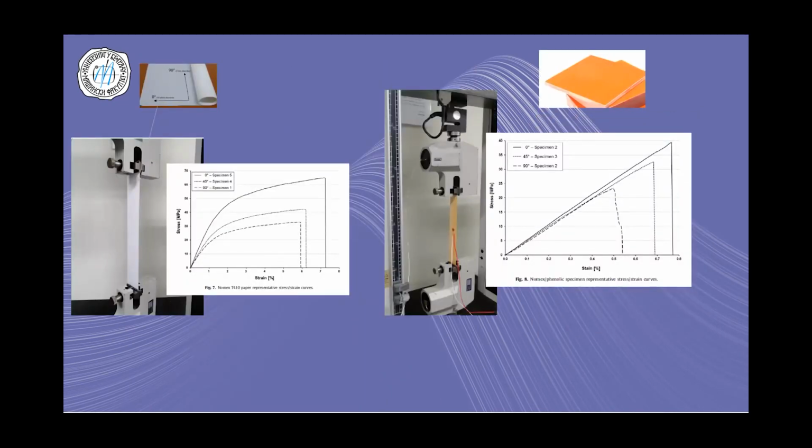The key is here. Just recently in literature, these results appeared by Roy et al. What they did in lab conditions, first they took the paper itself and tested it, and then they took phenolic resin and tested it.